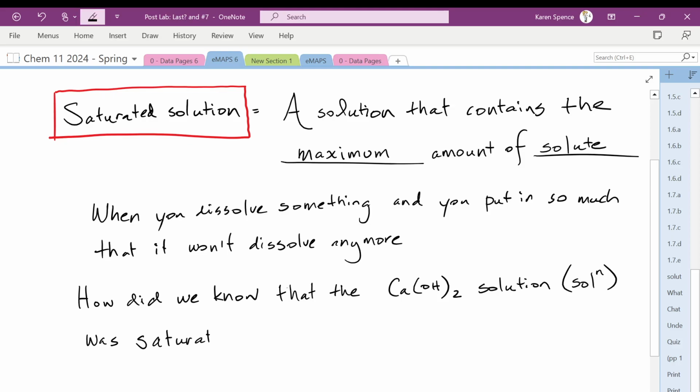I think there was still calcium hydroxide and you could see it, sitting at the bottom.